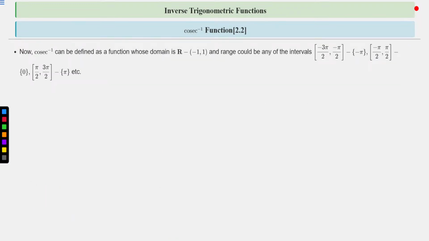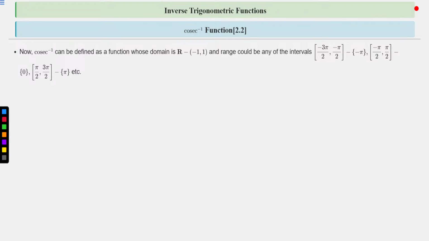Okay. Let us move on. Now cosec inverse can be defined as a function whose domain is all real values except minus 1 to 1, and range could be any of the following intervals: from minus 3 pi by 2 to minus pi by 2 except minus pi, minus pi by 2 to pi by 2 except 0, pi by 2 to 3 pi by 2 except pi.